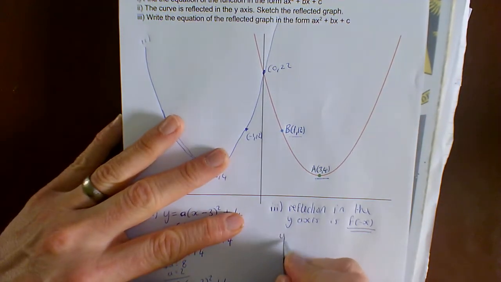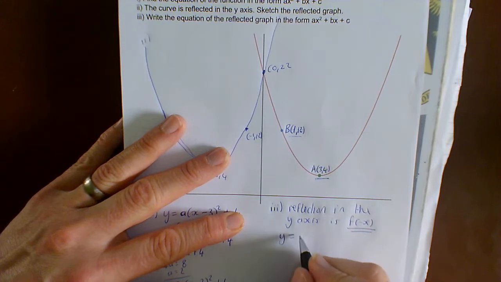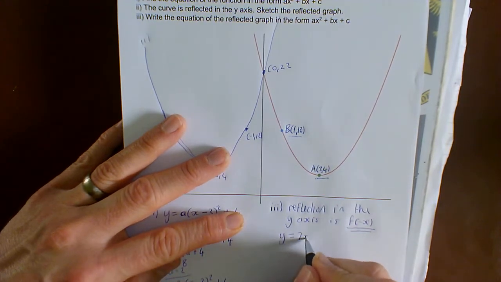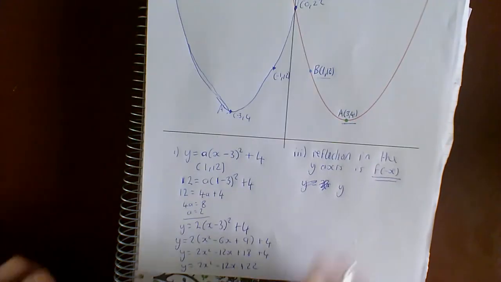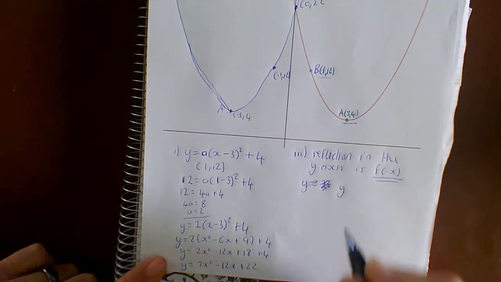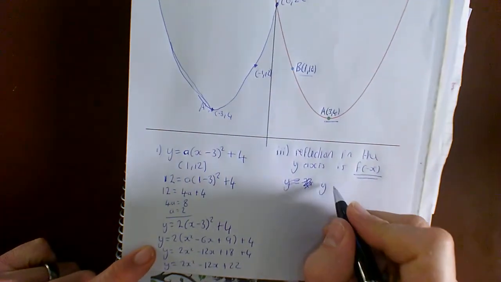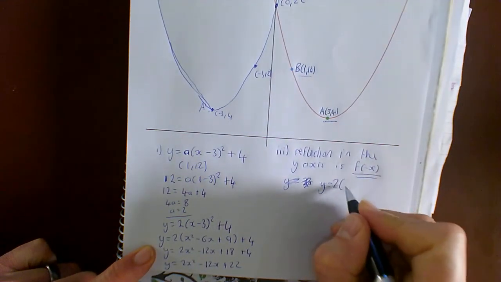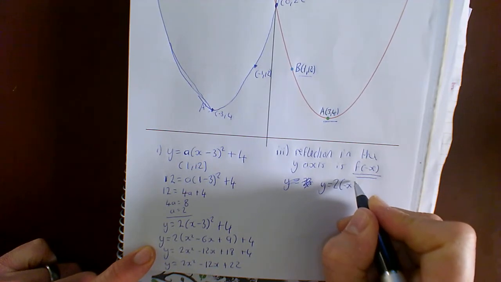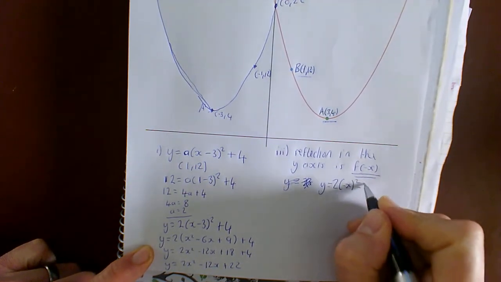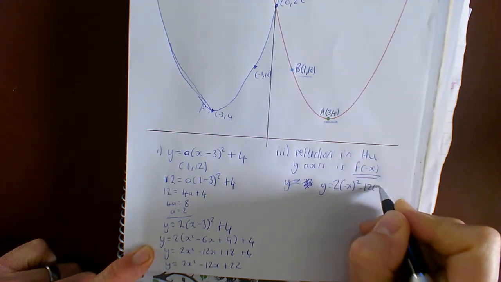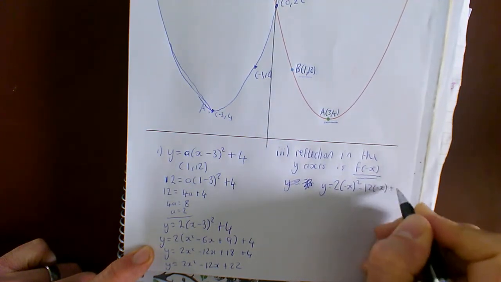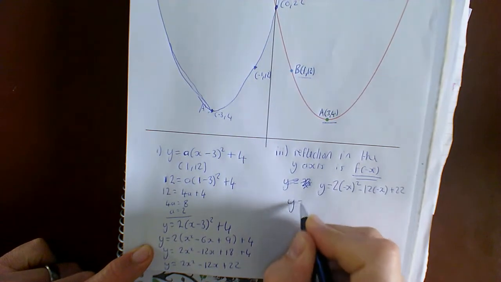This is one way to do it. I'm going to replace, from my answer to the previous part, x with minus x. Two lots of negative x, squared, minus 12 lots of negative x, not x, plus 22. So let's see what we get.